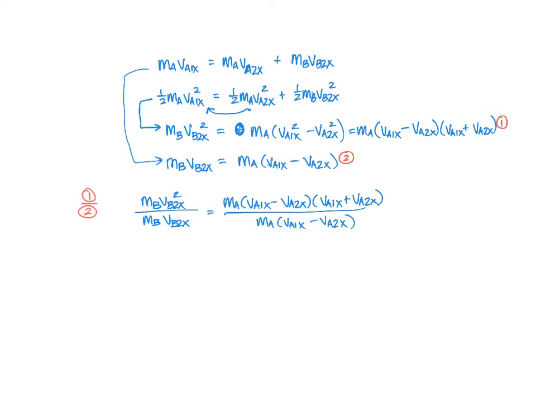And you see a lot of things cancel out. For one, the masses cancel out. And so we don't need to worry about the masses anymore. It's important, I think, to notice that we didn't have to restrict the masses to be the same in order to get rid of them as we move forward with more algebra.